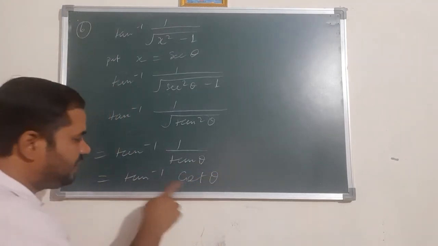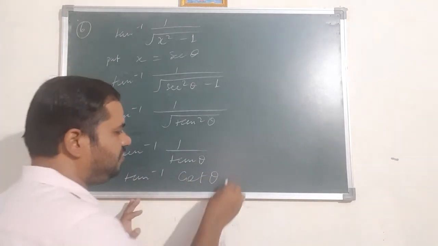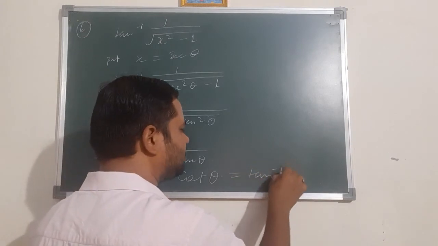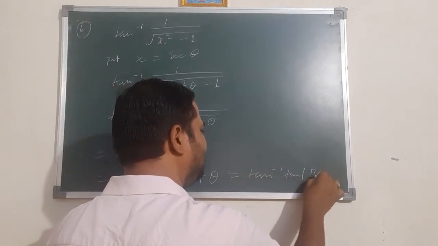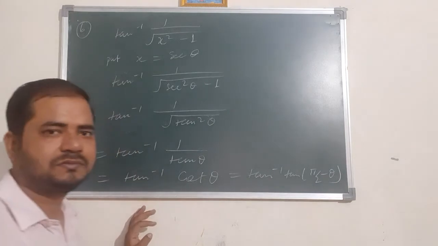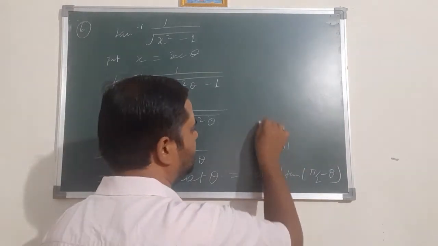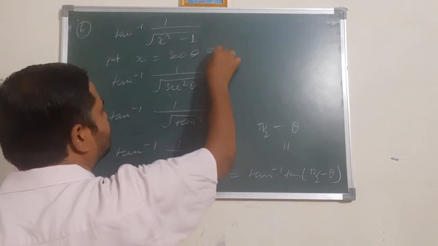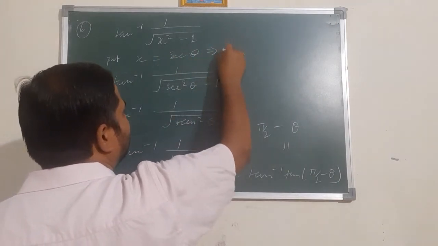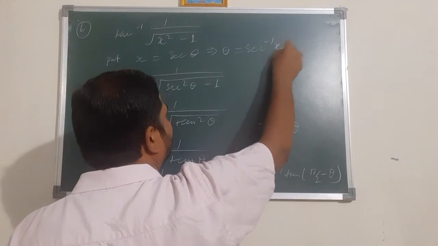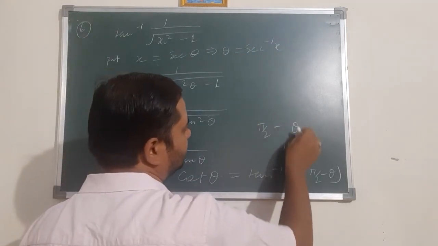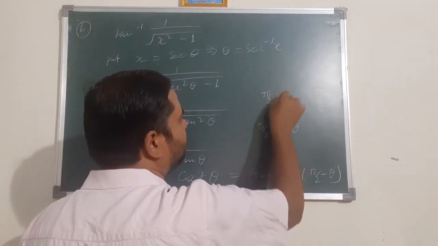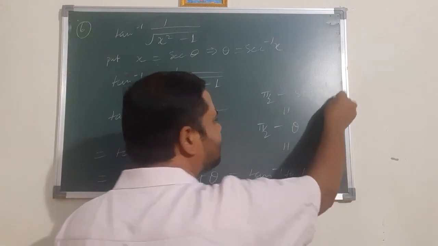But there is a problem, tan inverse and cot. So simply you convert it to tan inverse of tan of (pi by 2 minus theta). So this is what? Pi by 2 minus theta. And being x is equal to sec theta, so theta is what? Sec inverse x. So this is nothing but pi by 2 minus sec inverse x.